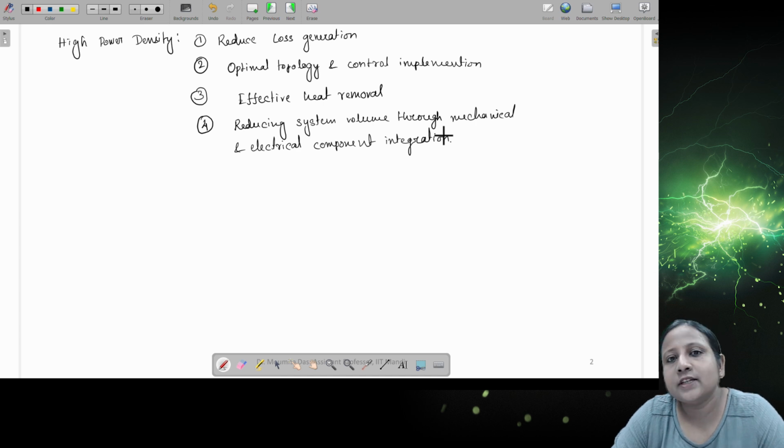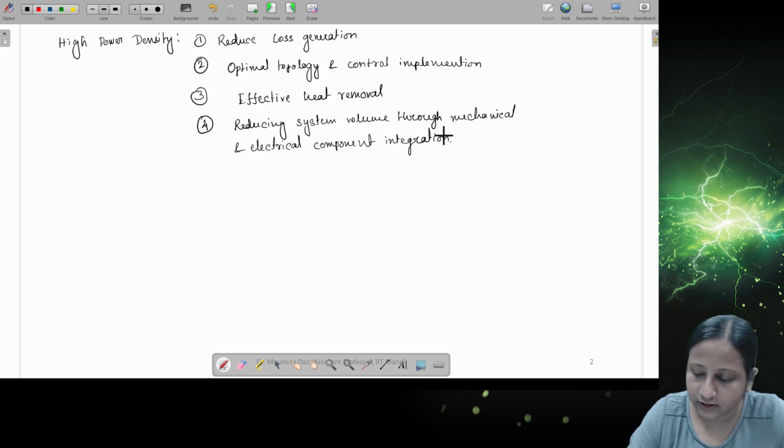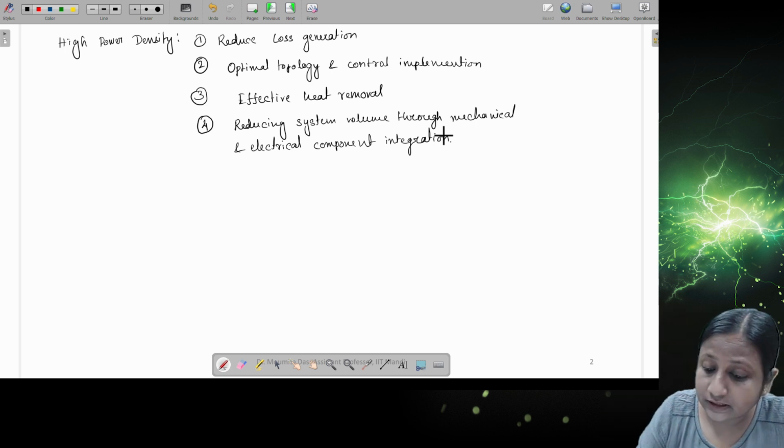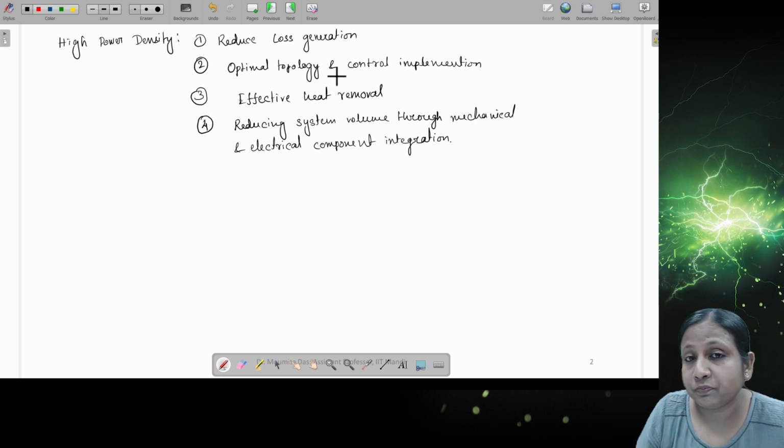If we consider any power electronic system as a black box, then it will have three different axes with respect to height, length and width. So let me just draw the power converter. It can be any power converter, an optimal topology or a normal conventional power converter.